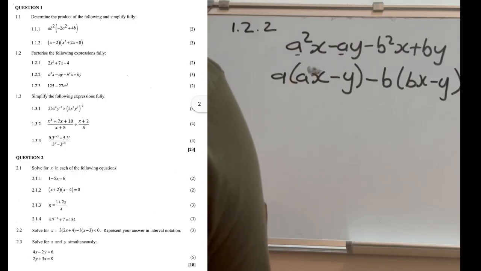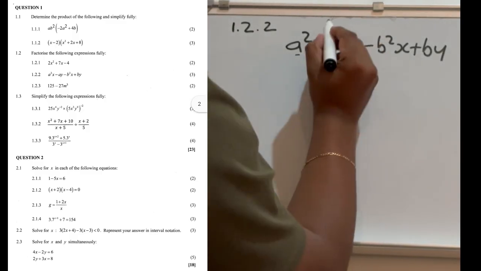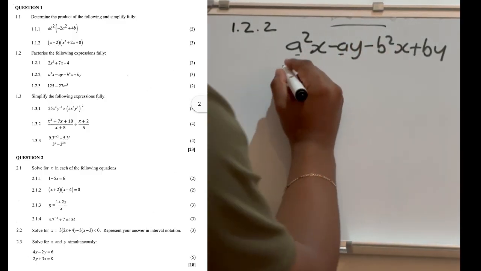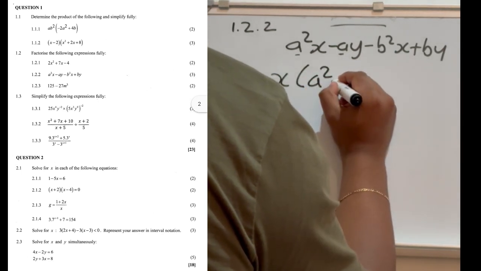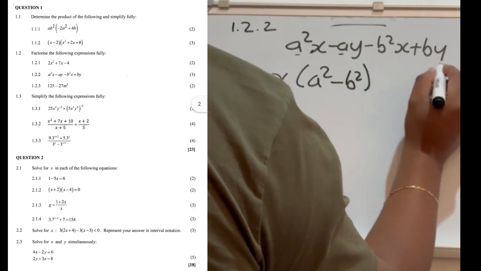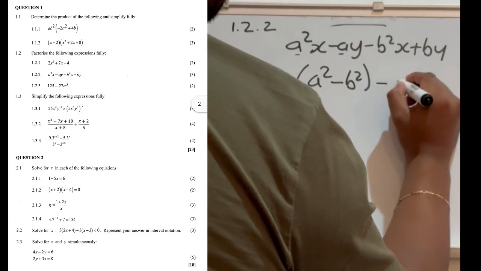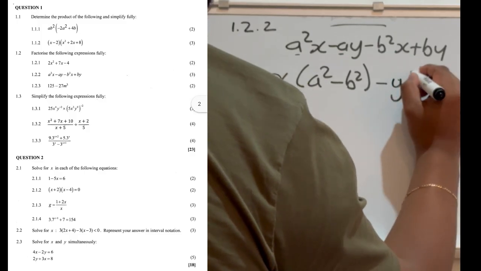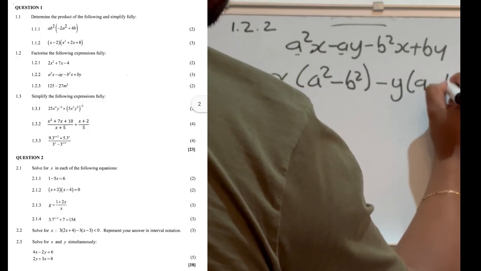So now we combine these two with one another. We will take out x on this side, we take out x, squared minus b squared. Here we take out minus y, and then you're going to get a minus b.